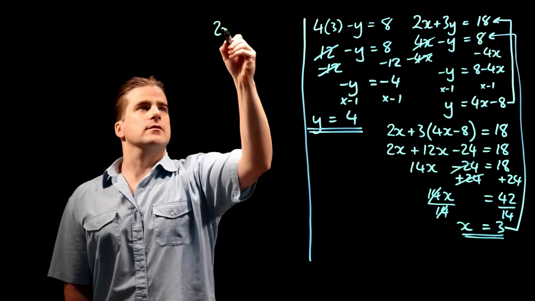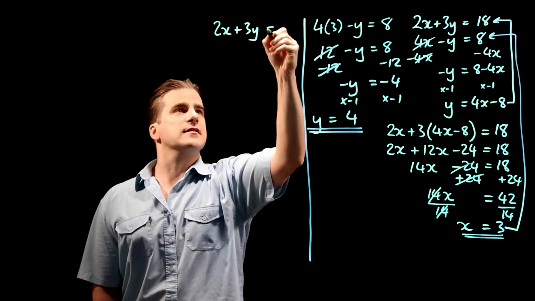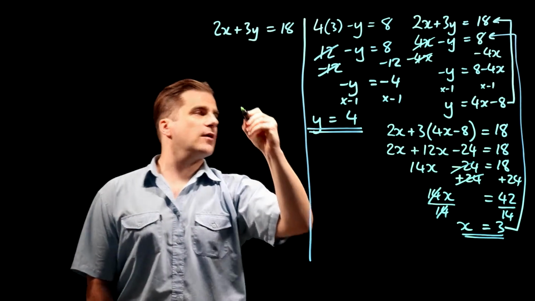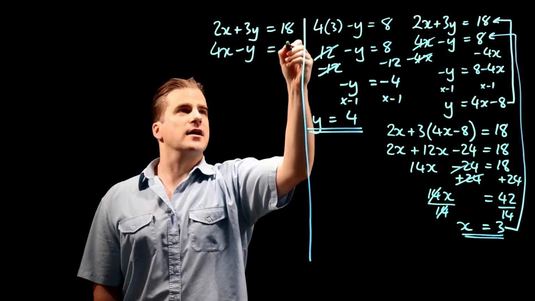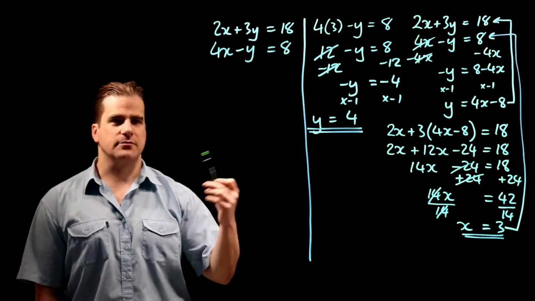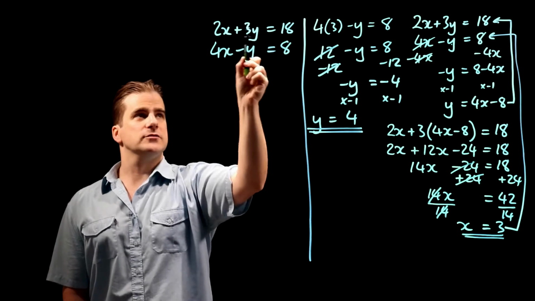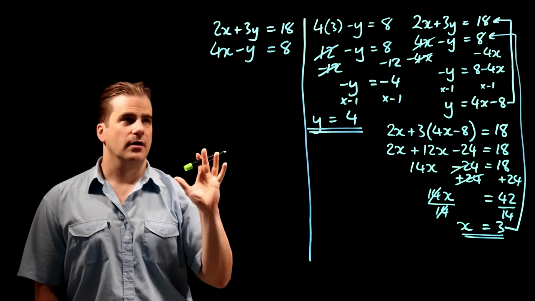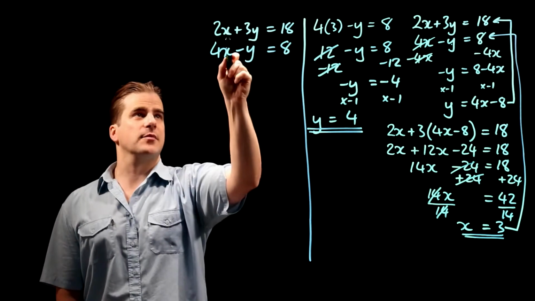So what is it? 2x plus 3y equals 18. 4x minus y equals 8. Okay, so just to reiterate, it doesn't matter which of these four you choose to make the subject of its equation at the start. So this time I'm going to pick on this x.